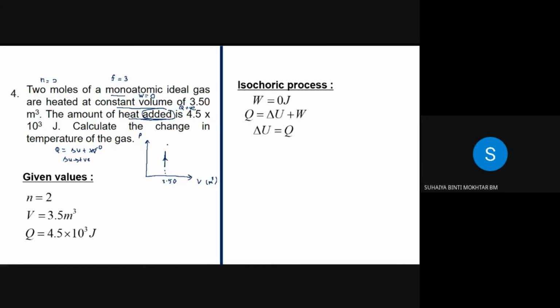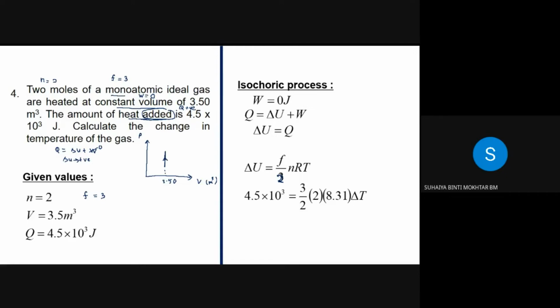Okay, so you can determine delta U equals to Q. Okay, delta U equals to Q. So delta U equals to F over 2 nRT, right? F over 2 nR delta T. Okay, so after degree of freedom, monoatomic gas, F equals to 3.